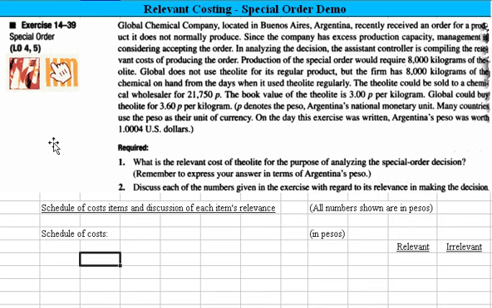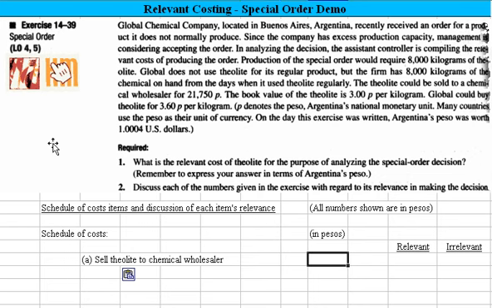Let's determine what's the relevant cost in light of this special order for Global Chemical, and let's also discuss each of the numbers presented in regards to whether it's relevant for decision making. I've done some of this off screen to save some time, so let me just paste it in. First, let's consider the sale of the theolite to a chemical wholesaler.